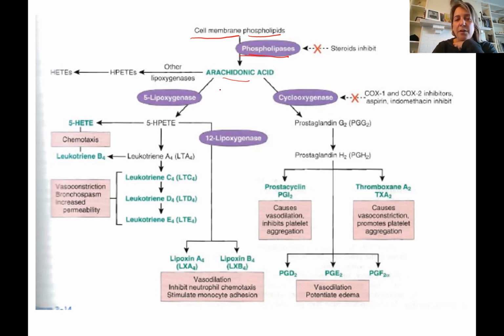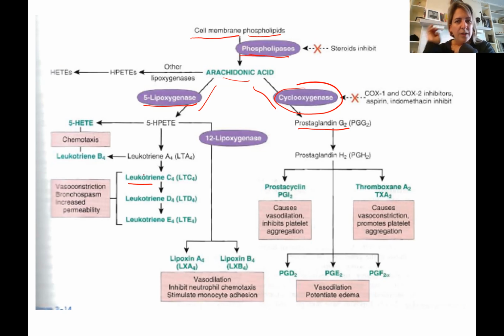And then from arachidonic acid, there are two pathways that the inflammatory cascade is going to work. One is what we call the cyclooxygenase cascade, and the formation of prostaglandins is going to happen. And the other one is the lipoxygenase branch of that cascade, where leukotrienes are going to form.